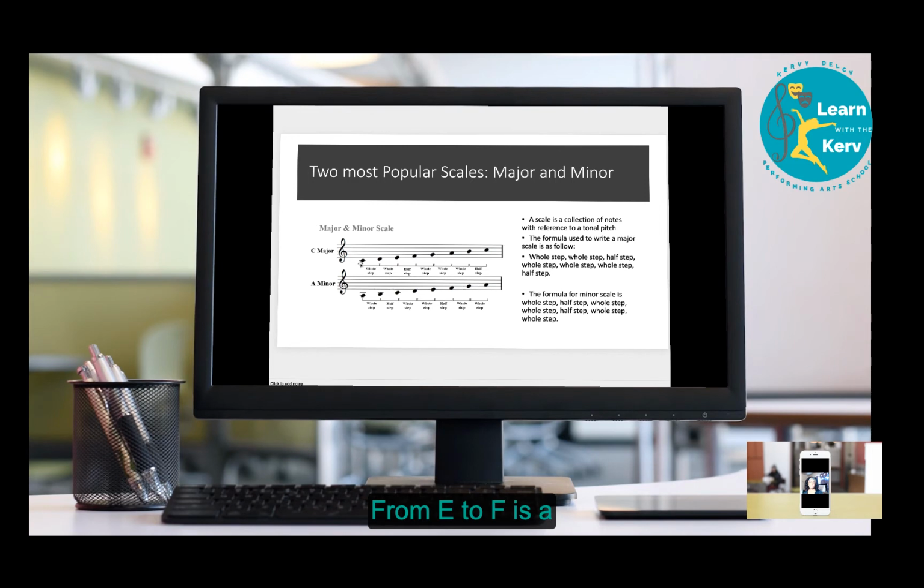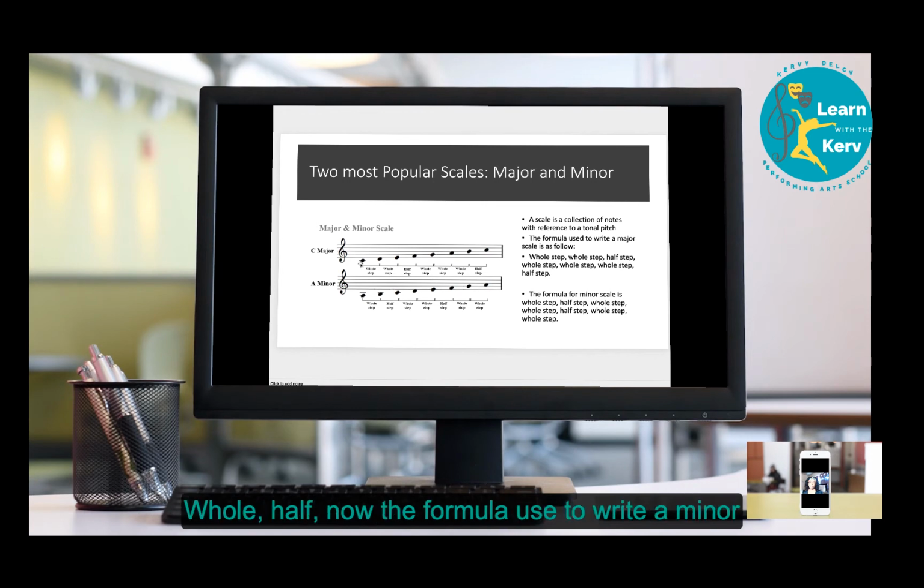From E to F is a half step. From F to G is a whole step. From G to A is a whole step. From A to B is a whole step. From B to C is a half step. You can just remember it has whole, half, whole, half.